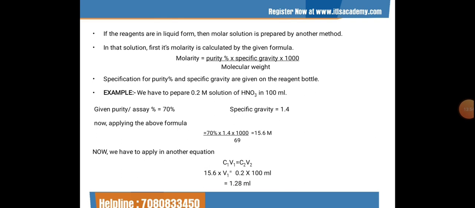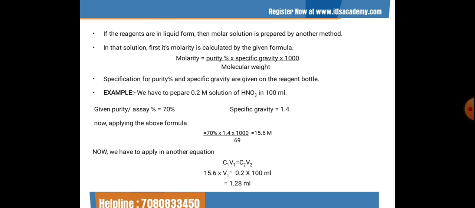Suppose we have the reagent bottle and we do not know up to which concentration, what number of moles are present in that particular bottle from which we are making the solution. So it is of utmost importance to first calculate the molarity of that particular reagent bottle. So to calculate the molarity, first we have to note down the particular specifications and calculate its molarity.